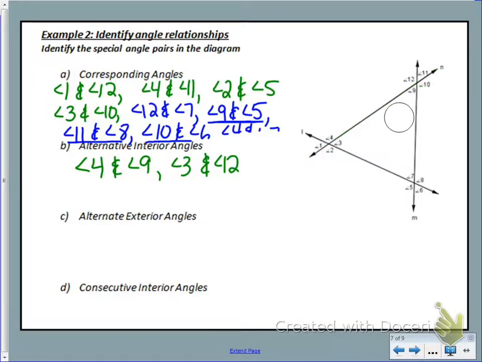Now that's just that transversal. Now let's go ahead and look at another transversal. We have line M. Once again, these angles on the outside don't work. So I have angle 9 matching up with angle 8. I also have angle 10 and angle 7.